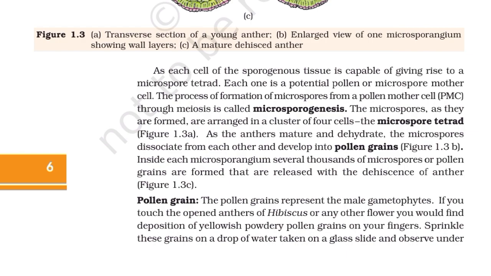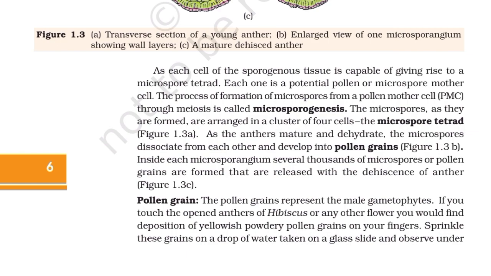As the anthers mature and dehydrate, the microspores dissociate from each other and develop into pollen grains, figure 1.3b. Inside each microsporangium, several thousands of microspores or pollen grains are formed that are released with the dehiscence of anther, figure 1.3c. Pollen grain. The pollen grains represent the male gametophytes.